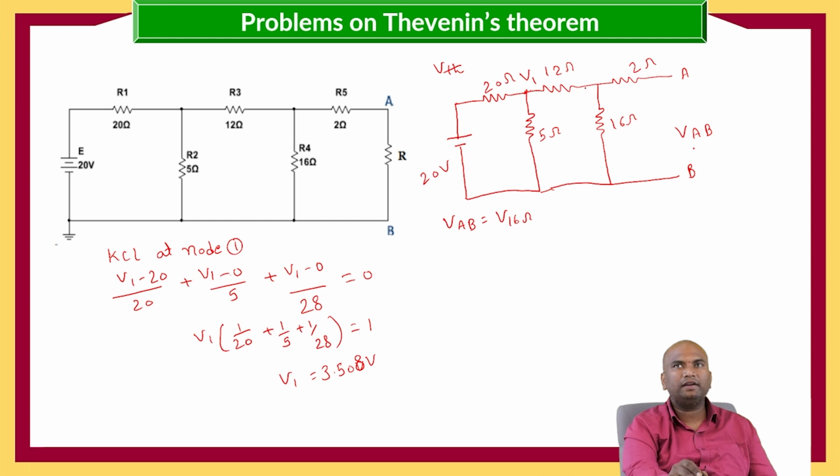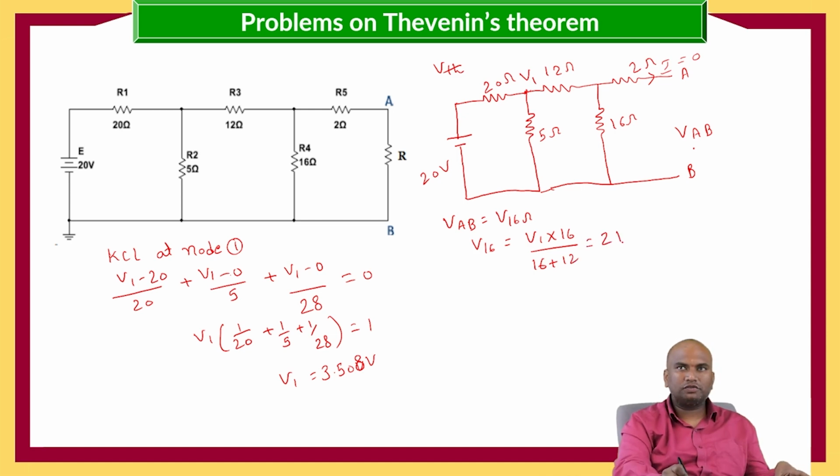These two are connected in series because no current is flowing through the 2 ohm resistance. So V16 ohms is equal to V1 into 16 by 16 plus 12, that is equal to 2 volts. Now we got VTH is equal to VAB is equal to V16, which is equal to 2 volts.